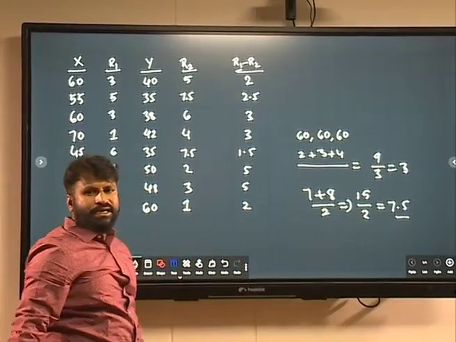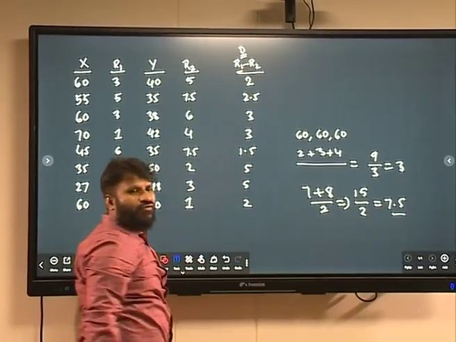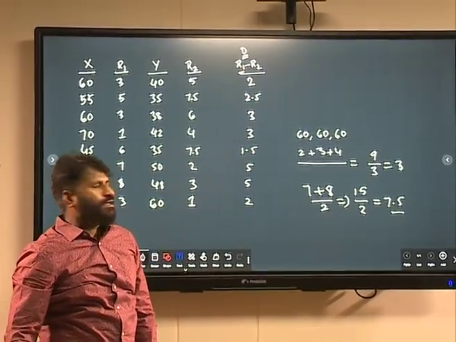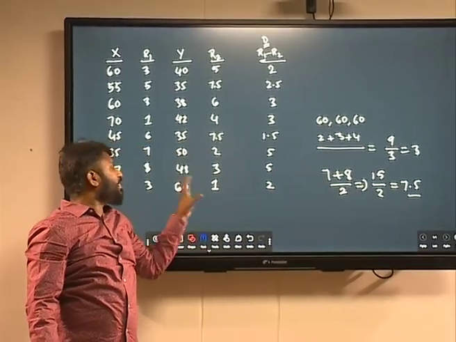So, this is the D. D is nothing but the difference between the ranks. So, already this helps to know how to give the ranks.